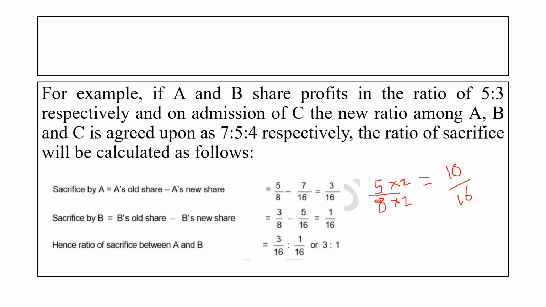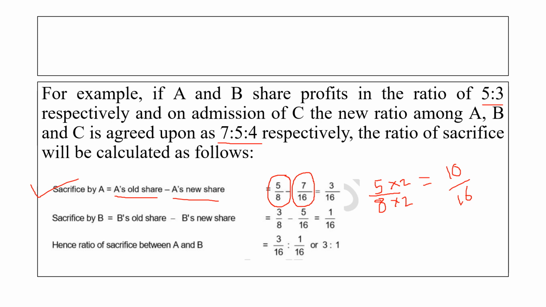Here we will see an example of sacrificing ratio. If A and B share the profit in the ratio of 5:3 respectively, and on the admission of C, the new ratio among A, B, C is agreed upon as 7:5:4 respectively, the sacrificing ratio will be calculated as follows. First, how much A is sacrificing. The formula is sacrifice by A equals A's old share minus A's new share. The old share of A is 5/8, and the new share is 7/16.